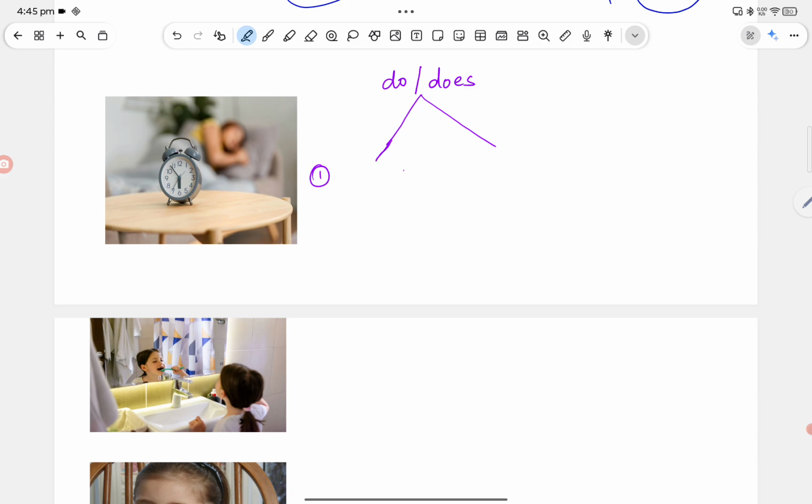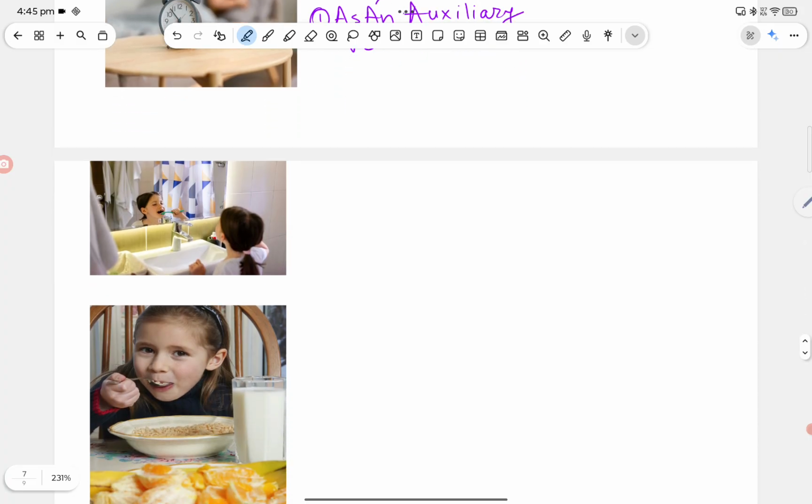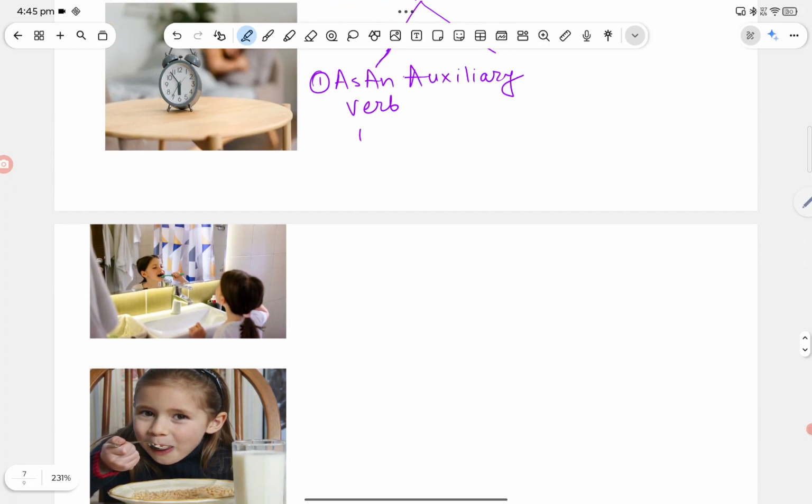The first role is as an auxiliary verb. It has three functions. The first function is creating negative sentences.